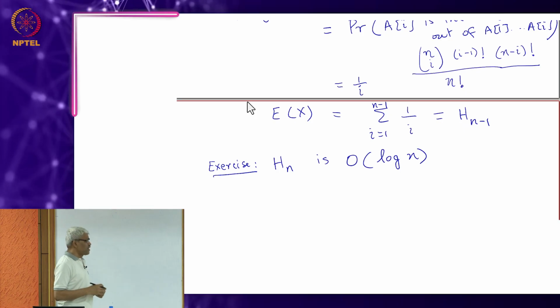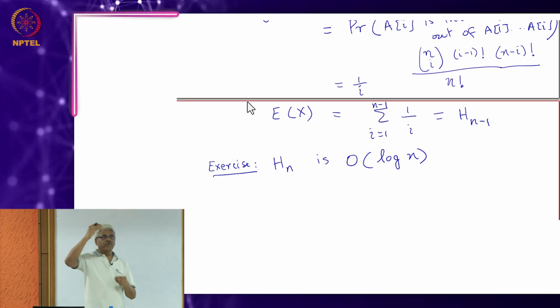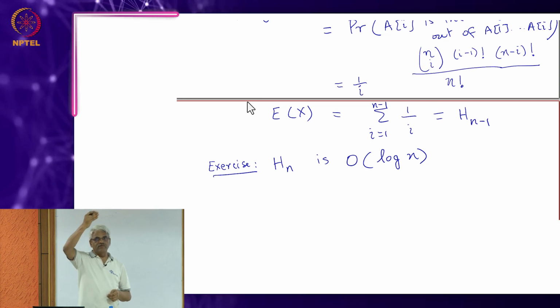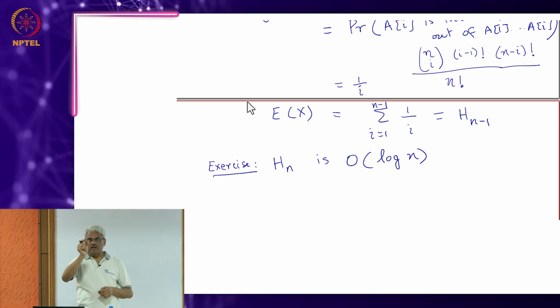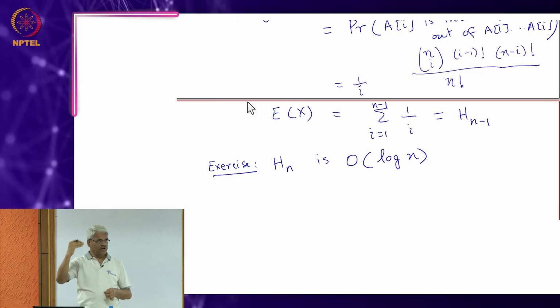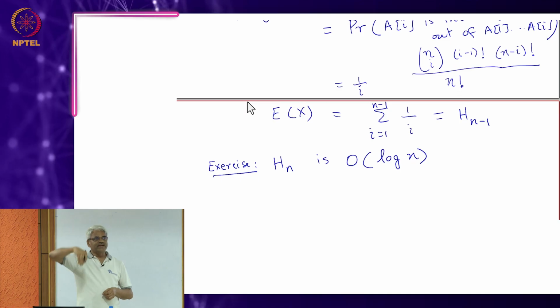Basically, there are many ways to do it. You could draw the curve y equals 1 over x. The curve will look like this, and the area under the curve is an integral, right?